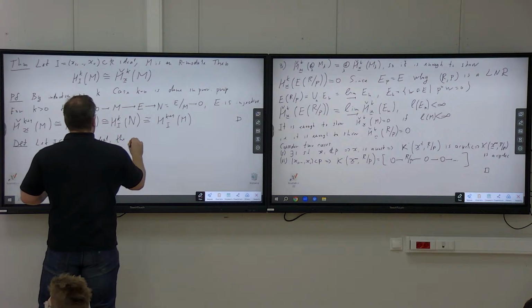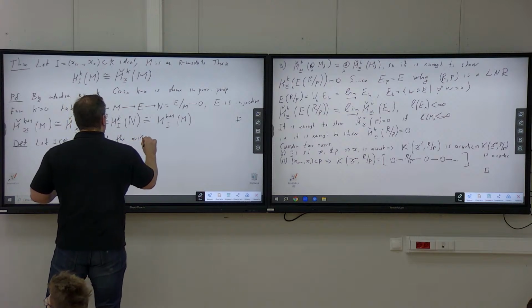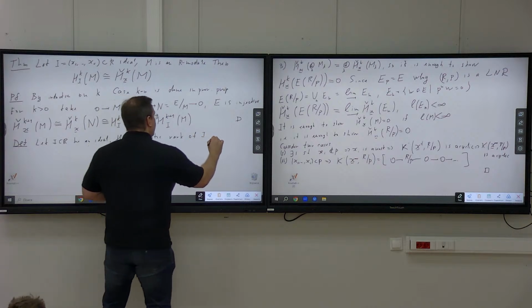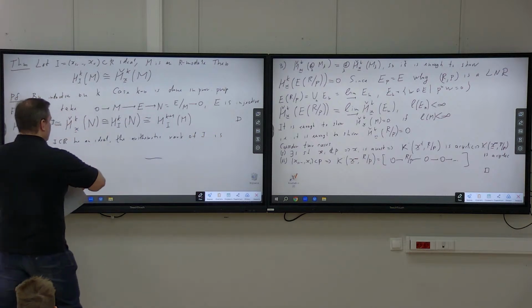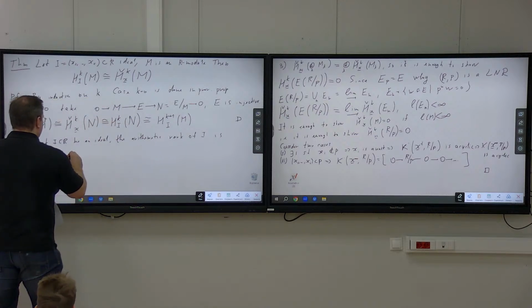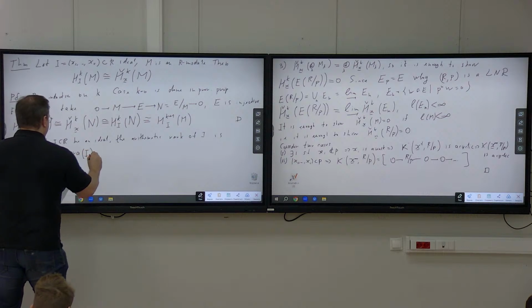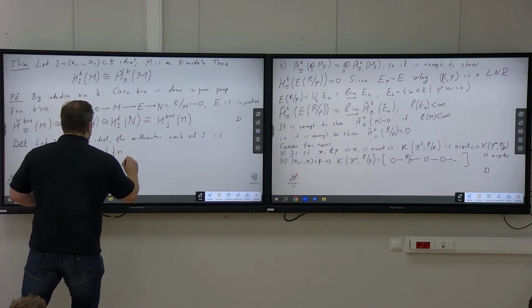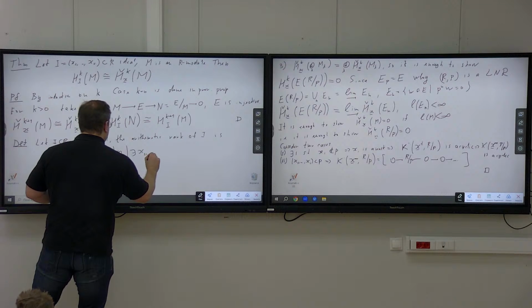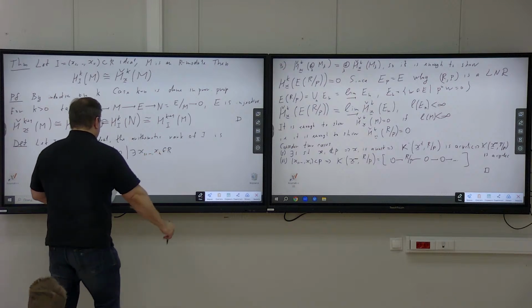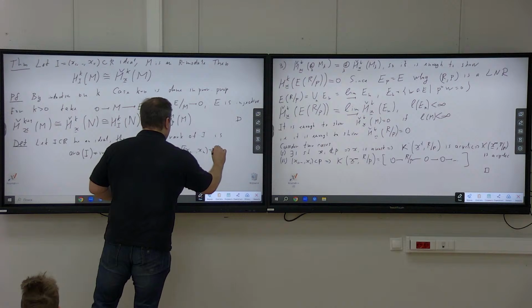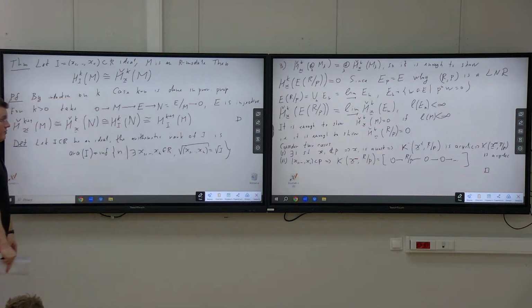The arithmetic rank of I, the standard notation is ara of I, is formally speaking the infimum over n such that there is a sequence x1 to xn in R, and the radical of the ideal generated by this sequence is equal to the radical of I. That's the formal definition, but you can see what's going on.